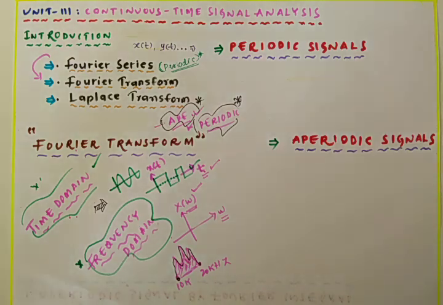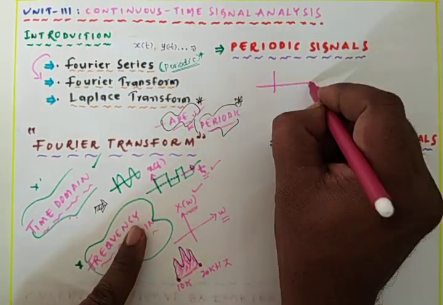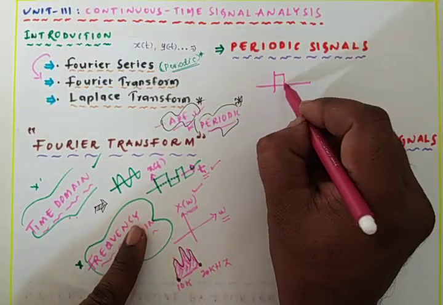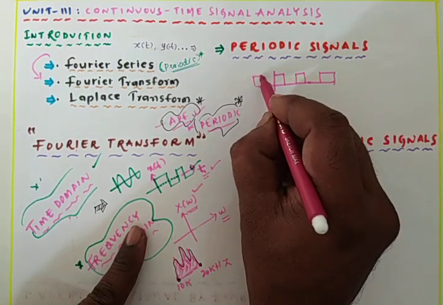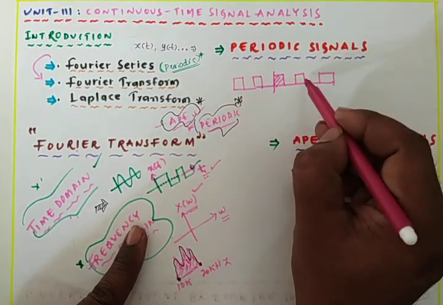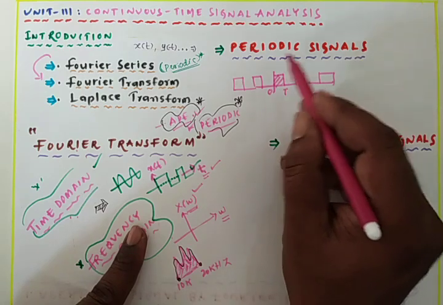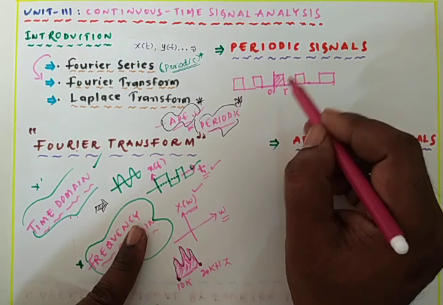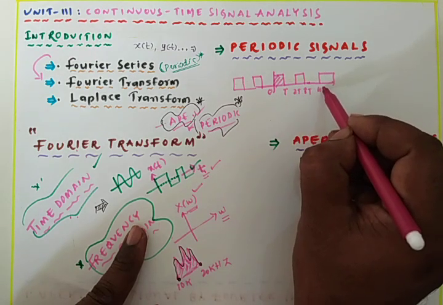Mathematically we can prove that. For example, assume this is a signal, and this is a periodic signal. This signal is there from 0 to T, and the same signal keeps repeating, from 2T to 3T, 4T to 5T.